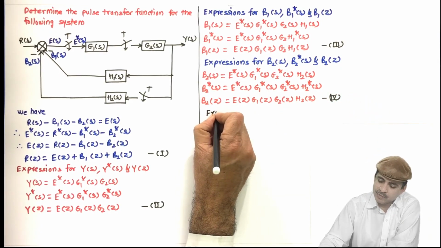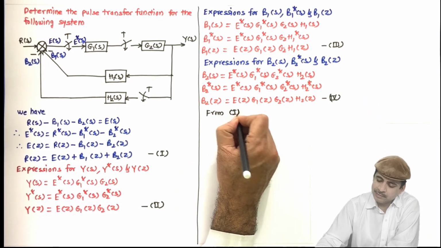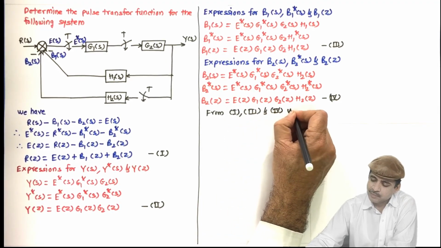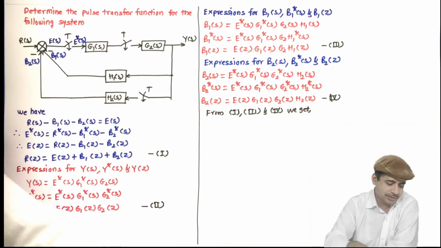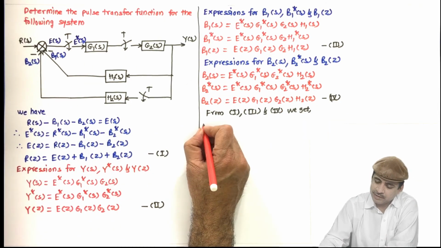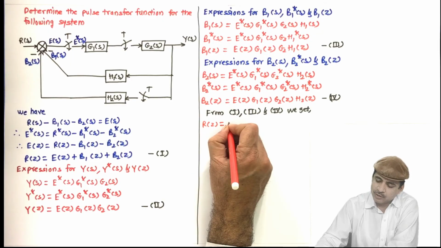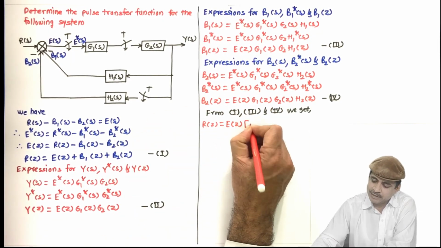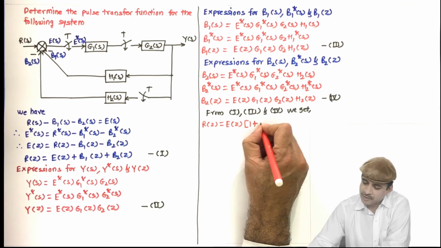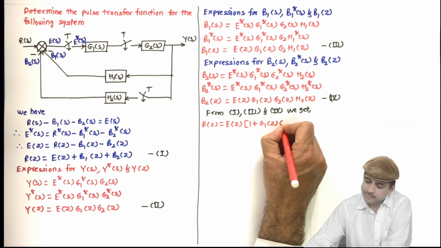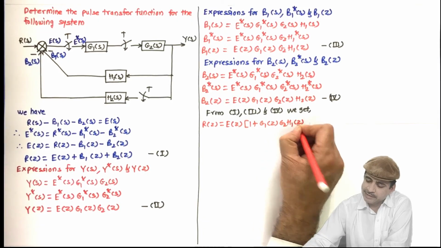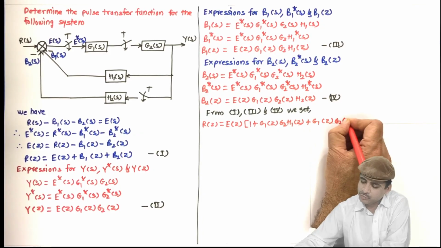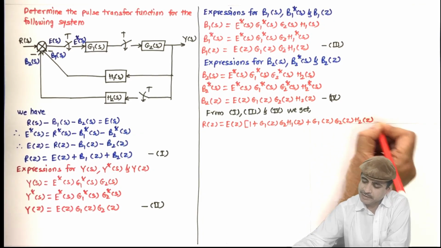So from 1, 3 and 4 we get the expression for R of Z. E of Z is common in all, so R of Z equals E of Z into bracket 1 plus G1Z G2 H1Z plus G1Z G2Z H2Z.